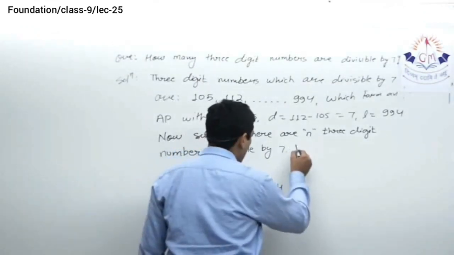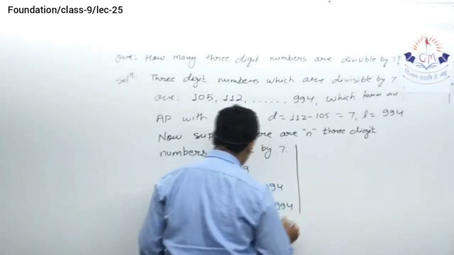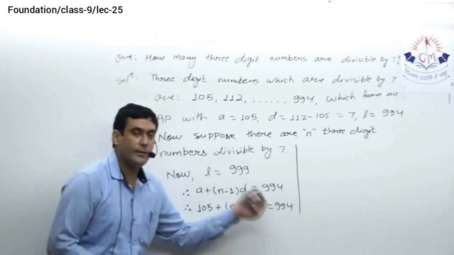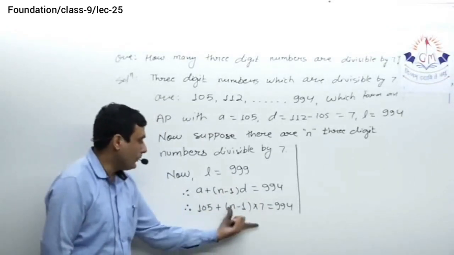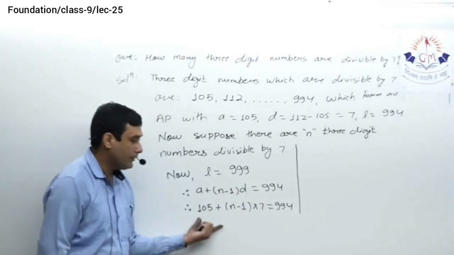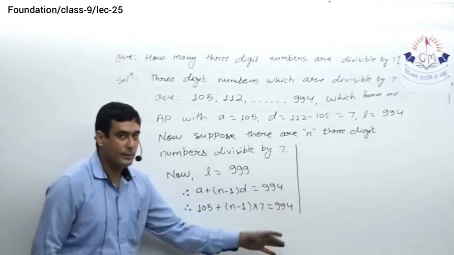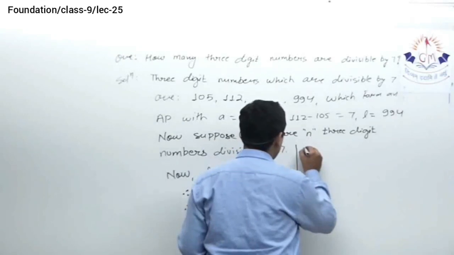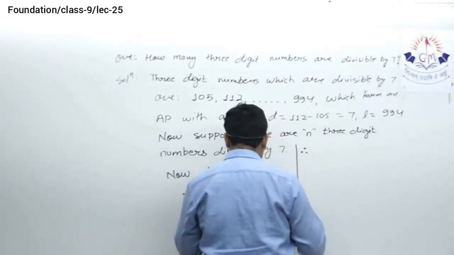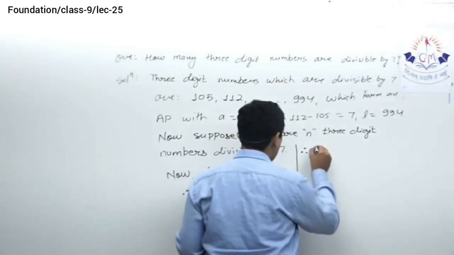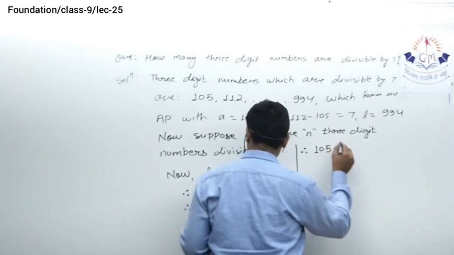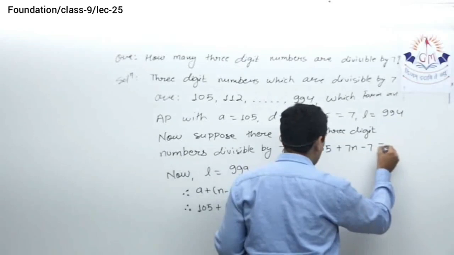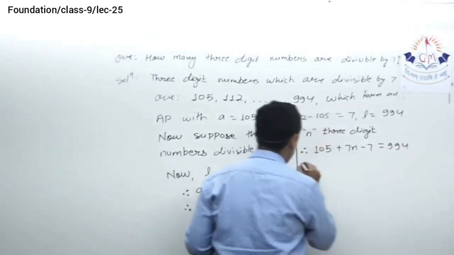There are different ways to solve this. You can take 105 over there, then divide by 7 and get n, or simply open the bracket, 7n minus 7, subtract, then take it on that side, and so on. Whatever you find easier, go with that method. So here I am writing 105 plus 7n minus 7 is equal to 994.